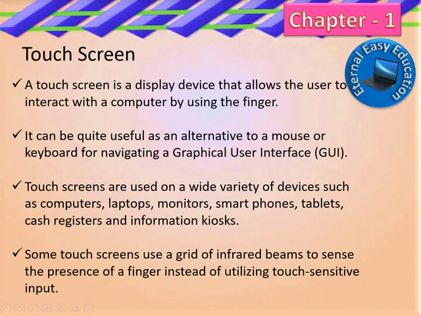Touch screens are used on a wide variety of devices such as computers, laptops, monitors, smartphones, tablets, cash registers and information kiosks. Some touch screens use a grid of infrared beams to sense the presence of a finger instead of utilizing touch sensitive input. It's an internal process. You cannot identify the difference between the normal touch screen and the infrared beams.